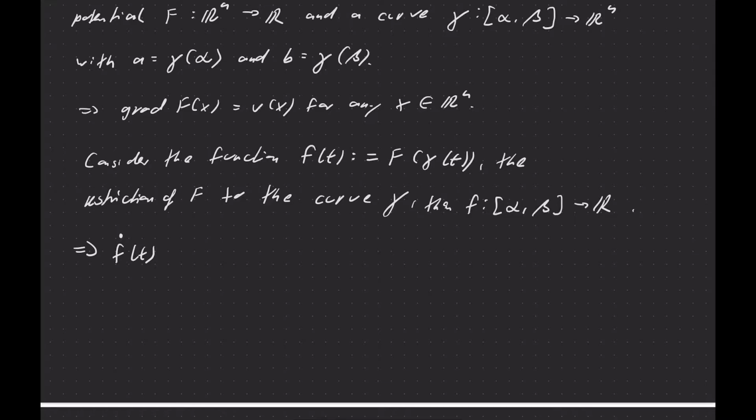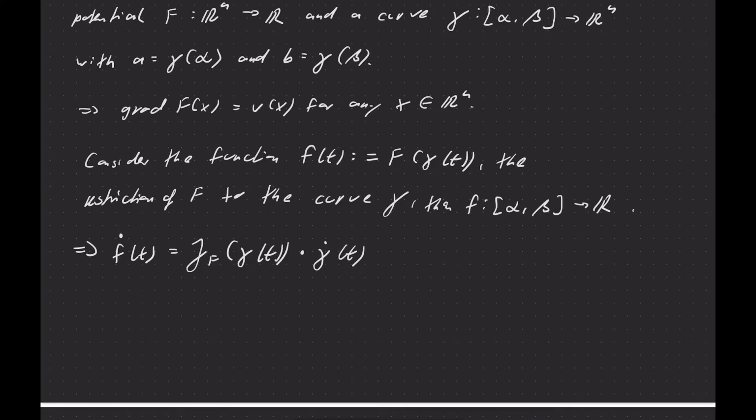We denote that by f dot of t, and we can just do this using chain rule. Small f is capital F of gamma of t, so the derivative is the derivative of the outer function, that is the Jacobian of capital F, evaluated at the point gamma of t, and then we need to multiply with the derivative of the inner function, and that is gamma dot of t.